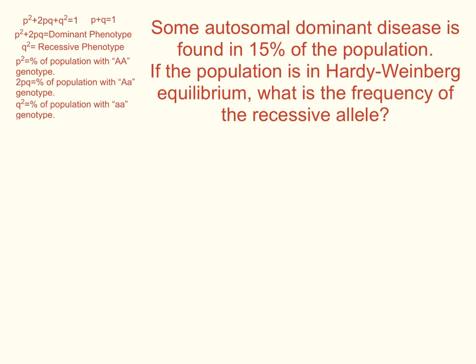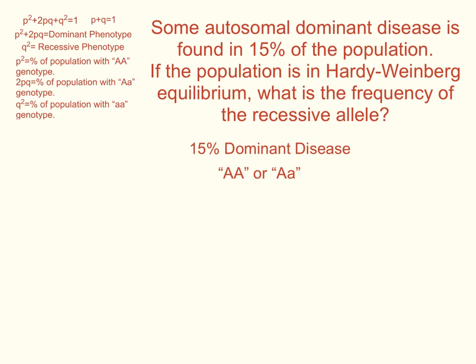As we look at the question, the first thing we should ask ourselves is, have I been given a genotype or phenotype, or have I been given an allele frequency? In this example, we've been given a phenotype. It says that 15% of this population has this disease. They are showing this disease. So 15% have the dominant disease, so they are either big A, big A or big A, little a.